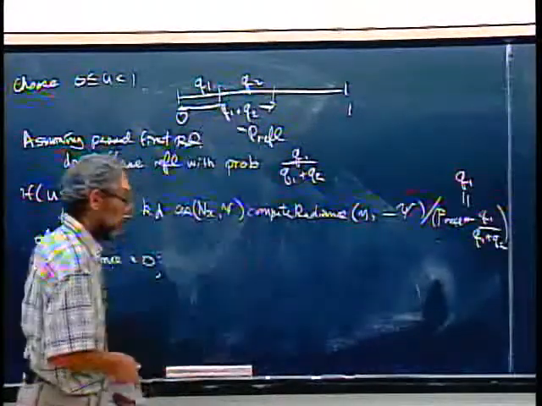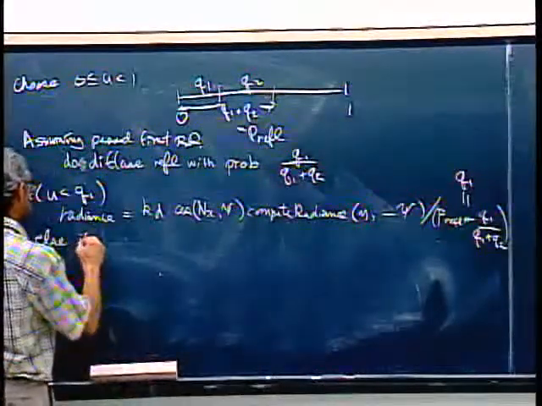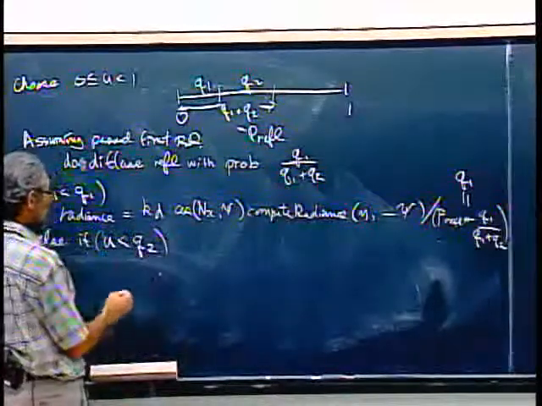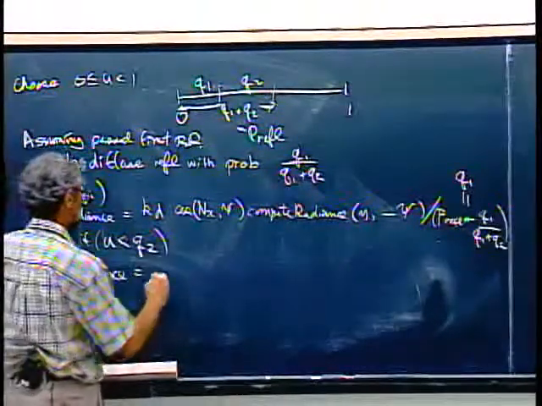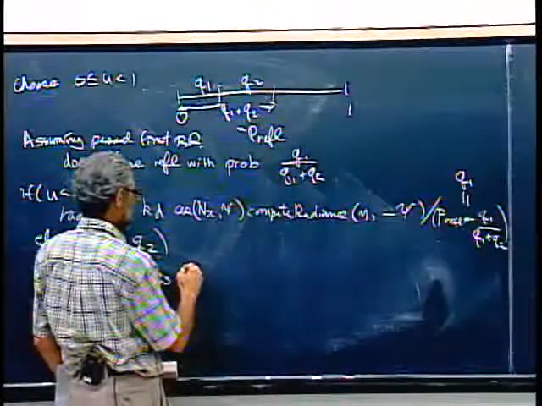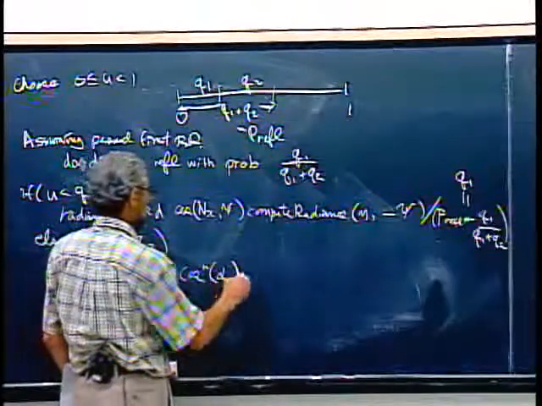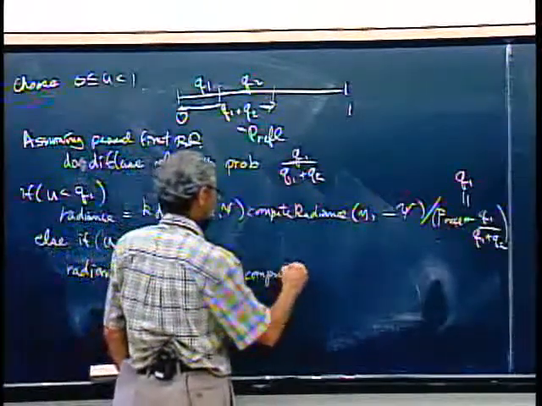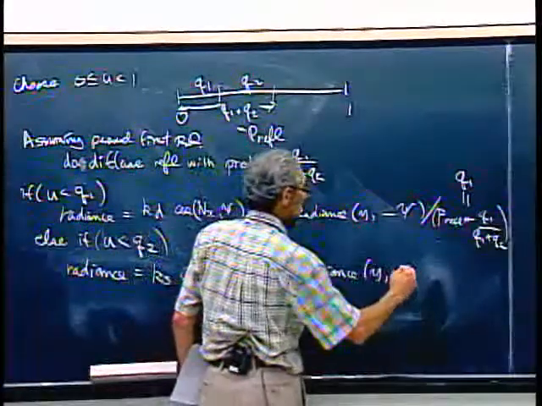Well, that's equivalent to changing this else to say if U is less than Q2, then radiance equals the specular contribution, Ks cosine to the nth of alpha times computeRadiance, y minus psi.